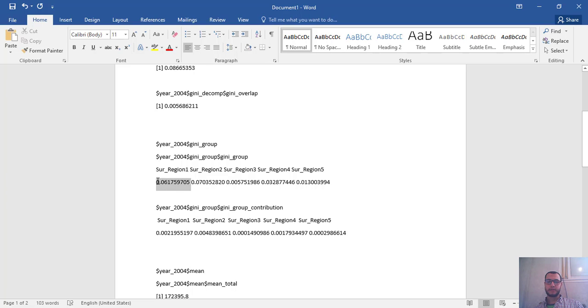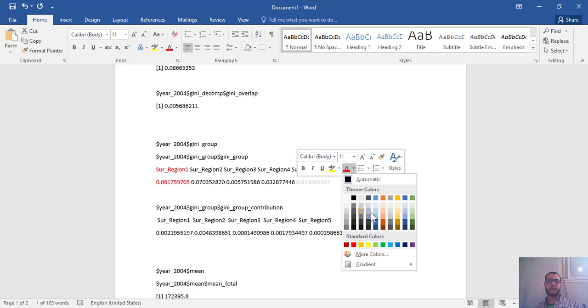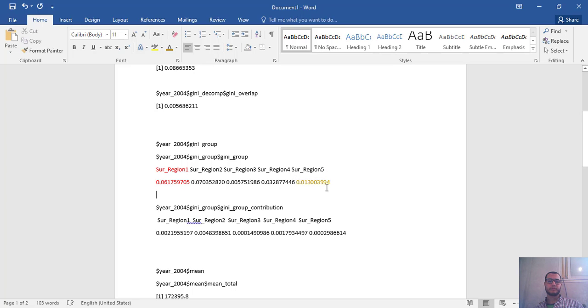So this is the Gini coefficient of region 1, and this is the Gini coefficient of region 5, and here we have the Gini coefficient of region 2.